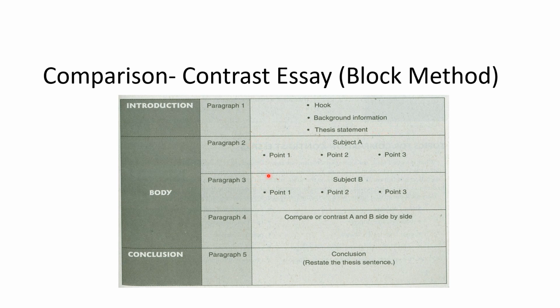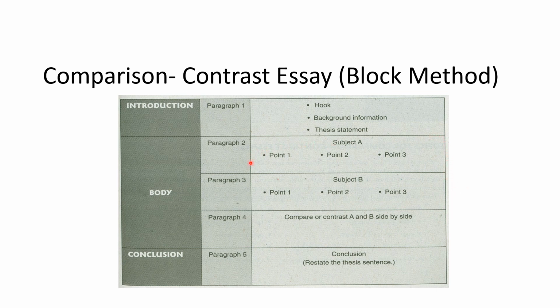Paragraphs 2, 3, and 4 are the body paragraphs. Now, the organization of information here will depend on the structure. If you are going to use this method, then this is going to be the arrangement of information in your comparison contrast essay.